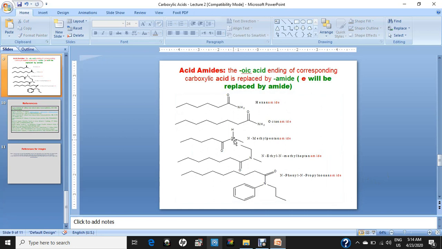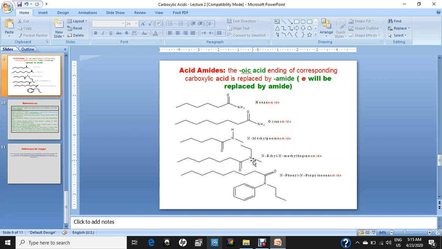Now if you see here, this nitrogen is attached with hetero atoms. Here is NH2, we have no issues, because this is a simple primary amide. If it is a secondary amide, NH, but here is methyl, so we have to mention here N-methyl. Then how many carbons? 1, 2, 3, 4, 5, pentanamide.